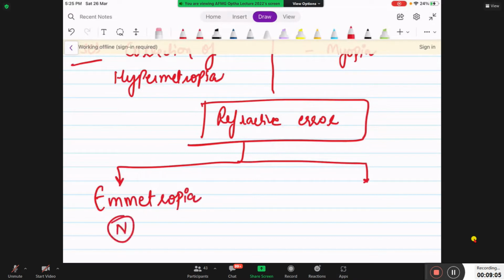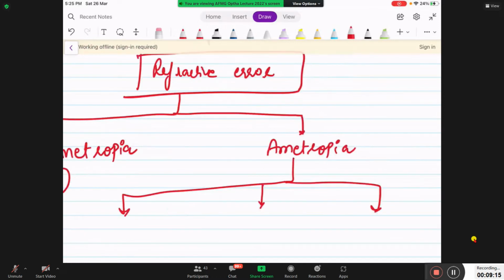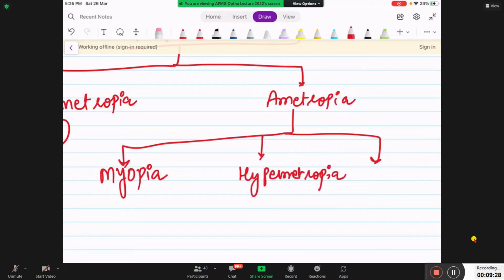Whereas ametropia means some amount of refractive error is present. This ametropia is divided into three types of refractive error. One is myopia, as you all know. The other one is hypermetropia, and the third one is astigmatism.